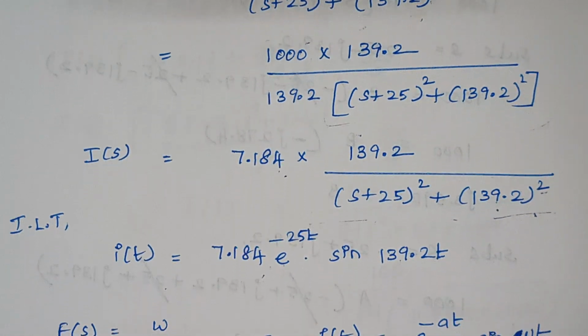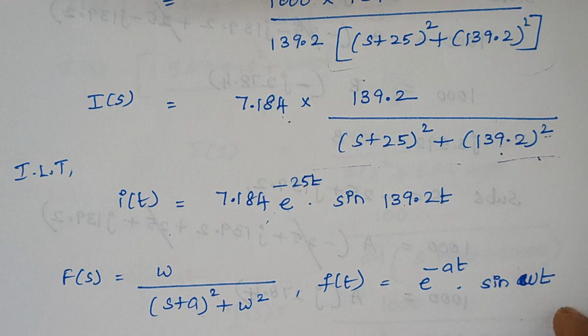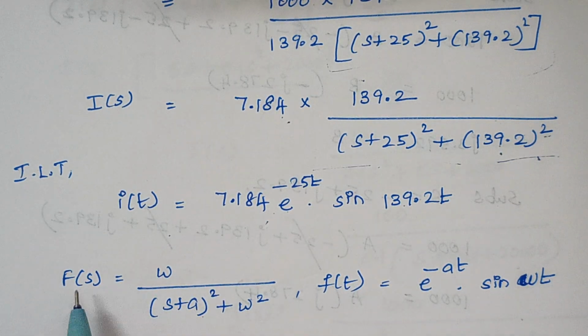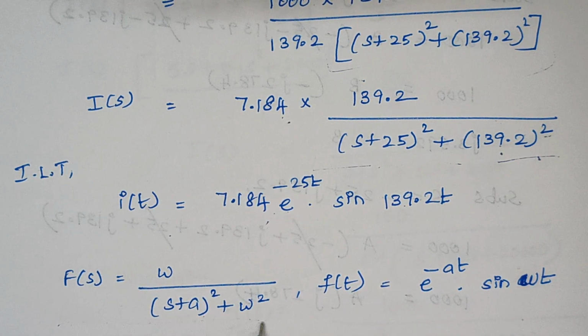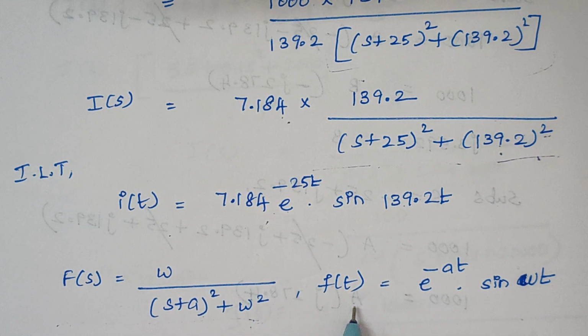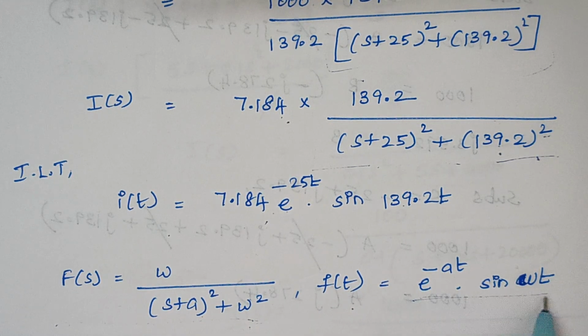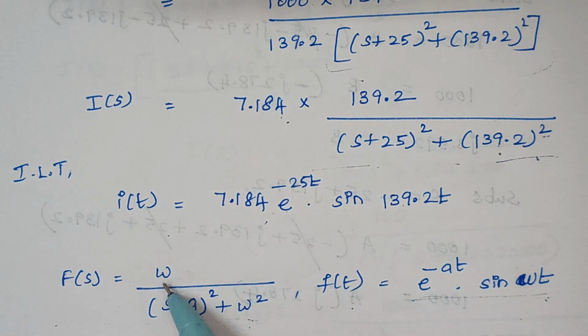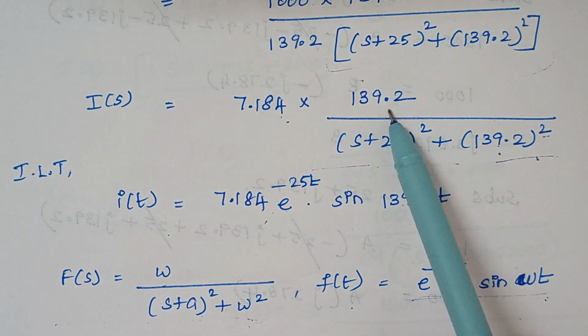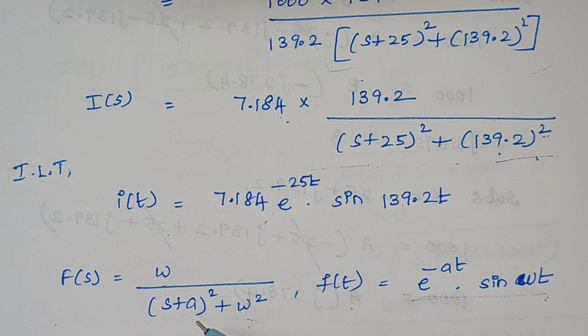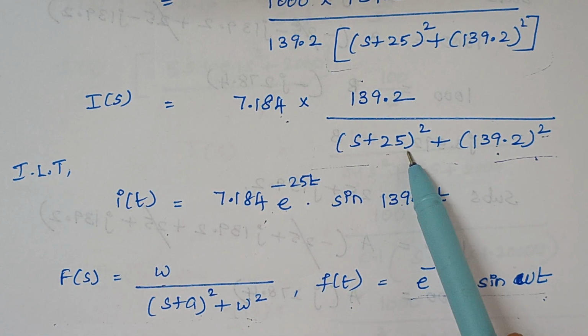So when you have an expression in this format, the respective f of t is given by this value. In the place of omega we have 139.2, and in the place of a we have 25.